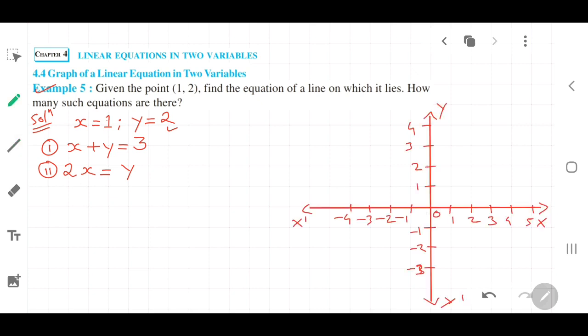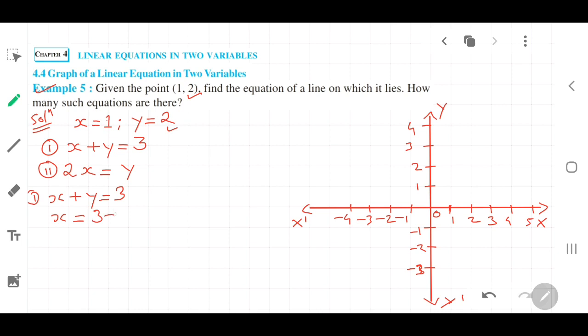So student, now in this graph you place the values of x and y. Okay student, now let us see the first equation, x plus y is equal to 3. Now what is x? X will be equal to 3 minus y.